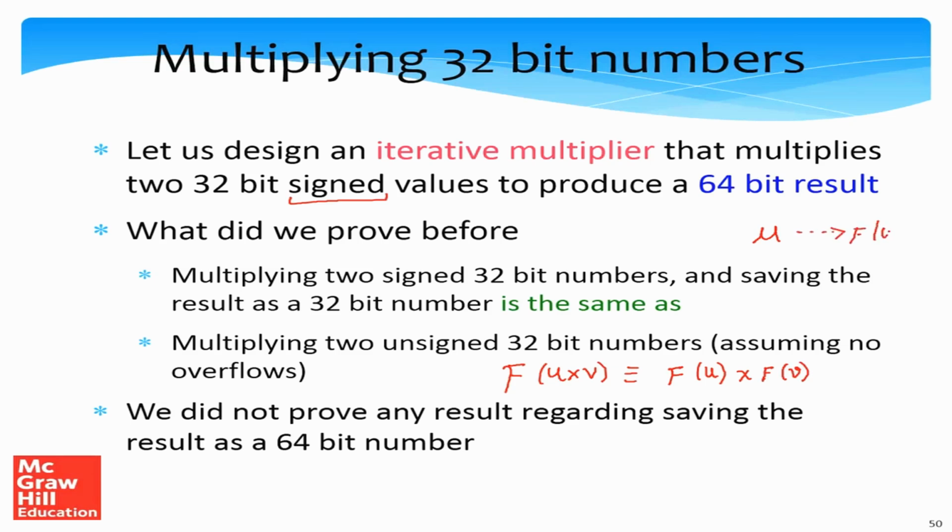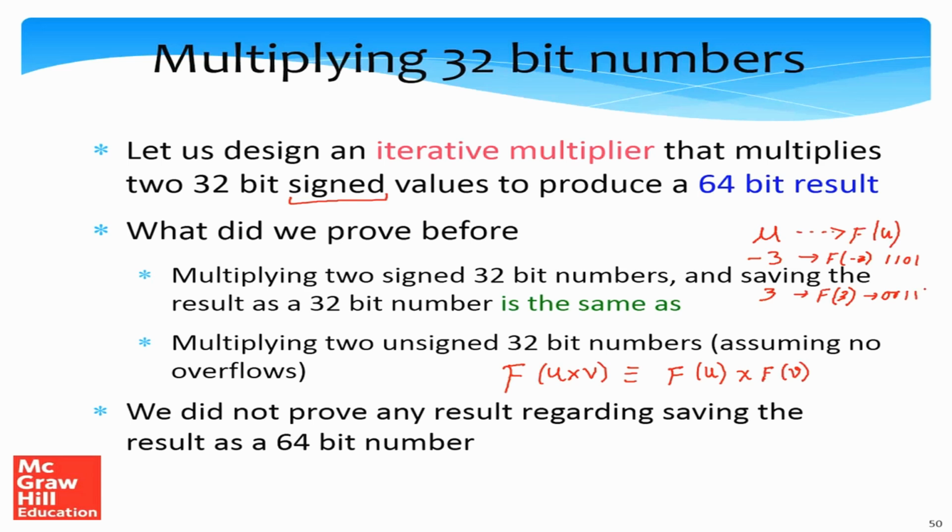So basically let's consider an example. Consider a 4-bit system. If a number is minus 3, then f of minus 3 is plus 13, which is 1101. And if the number is plus 3, then f of plus 3 is 0011.